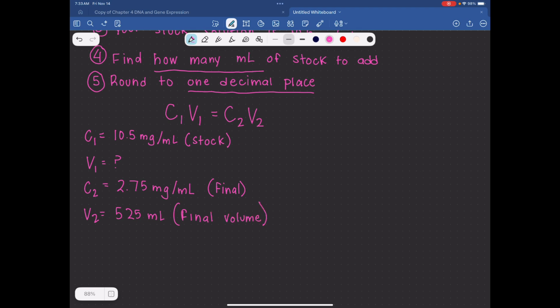All right, so now we just kind of plug and play. So 10.5 times V1 is going to give us 2.75 times 525.